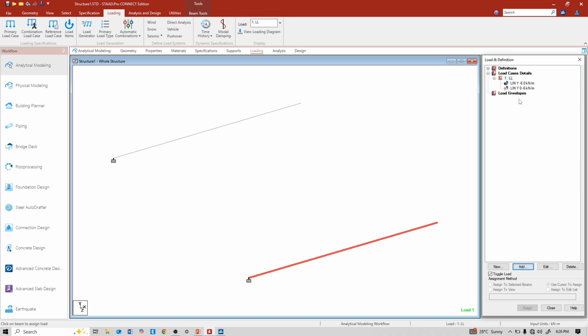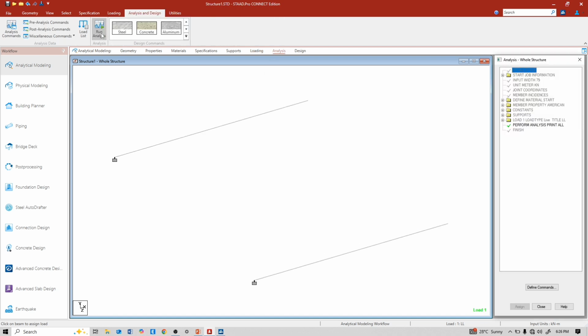So select beam, assign to selected beam, assign select. So load is similar. Now analysis, run analysis.